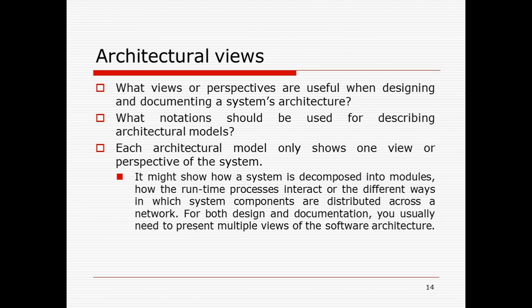So for designing and documentation, we normally need multiple views of the system. We need multiple, different architectural models for designing the system, because each architectural model represents a different view of the system.